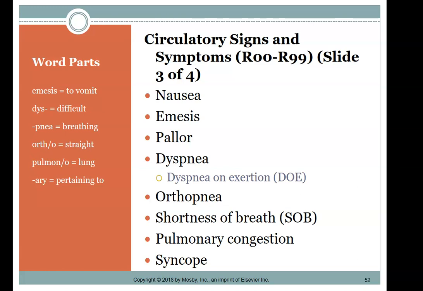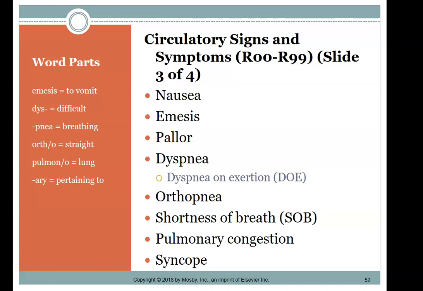Some more signs and symptoms. You've got nausea. Nausea is a sensation that accompanies the urge to vomit, but does not always lead to vomiting. Emesis is vomiting, forcible or involuntary emptying of the stomach through the mouth. Pallor is paleness of the skin and or mucous membranes.